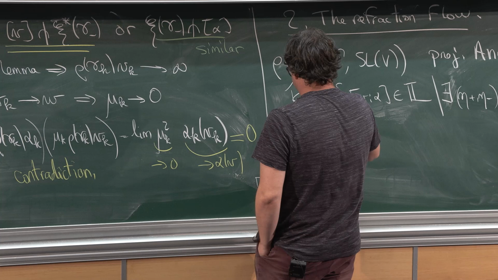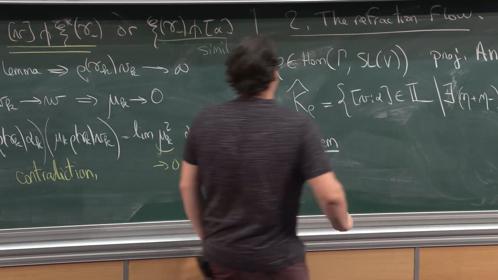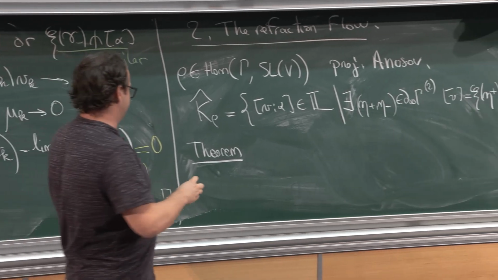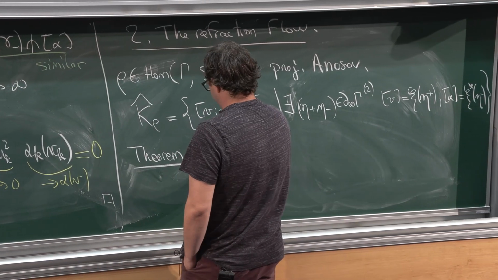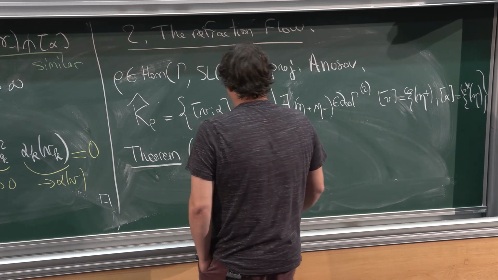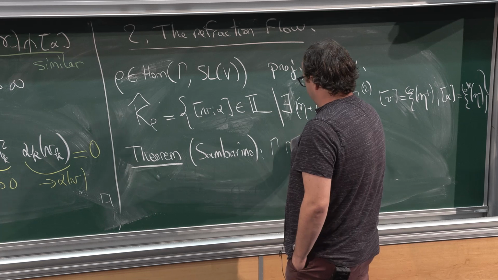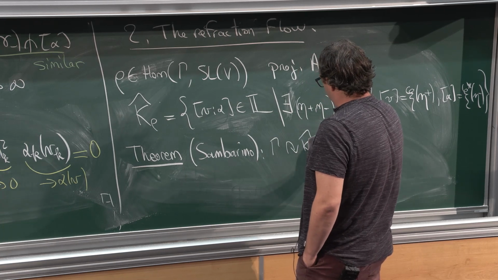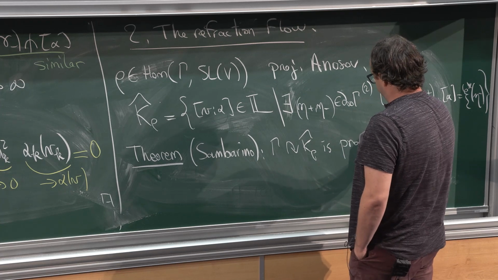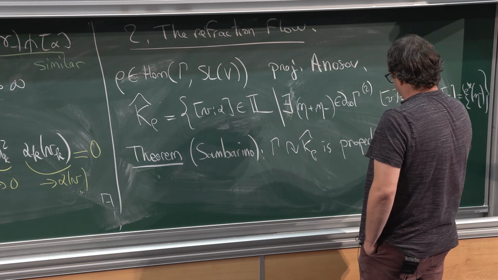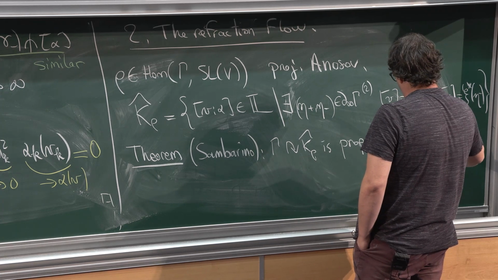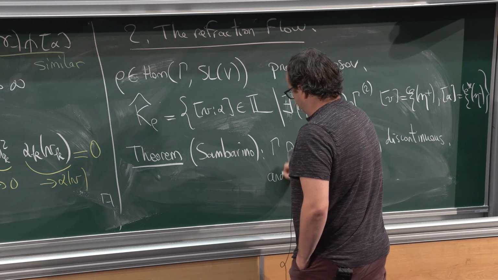And the main result of the second part will be a theorem that we'll attribute to André Sambarino, which is that the action of gamma on this K rho hat is also properly discontinuous, and co-compact.